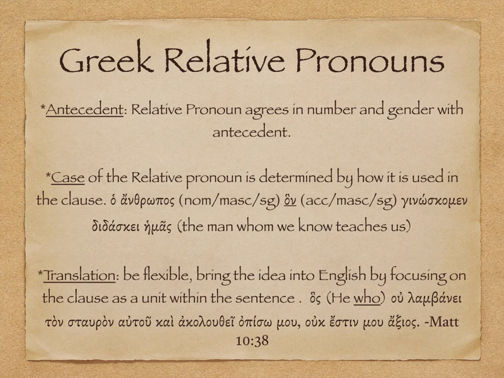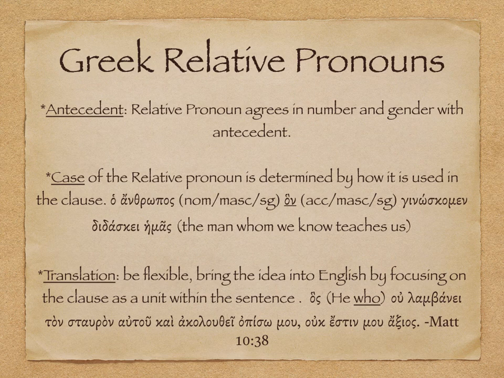We talked about adjectives in chapter 9, and they must agree with the word they modify in case, number, and gender. But when we get to pronouns, we only need agreement in number, singular or plural, and gender, masculine, feminine, neuter. With the antecedent, we don't need to agree in case, and we'll talk about that here in a moment.